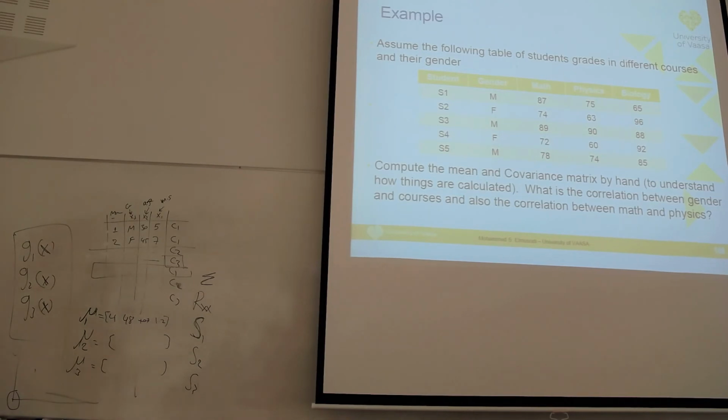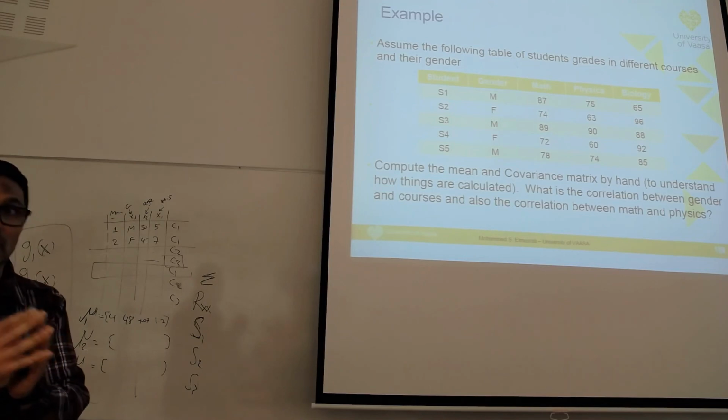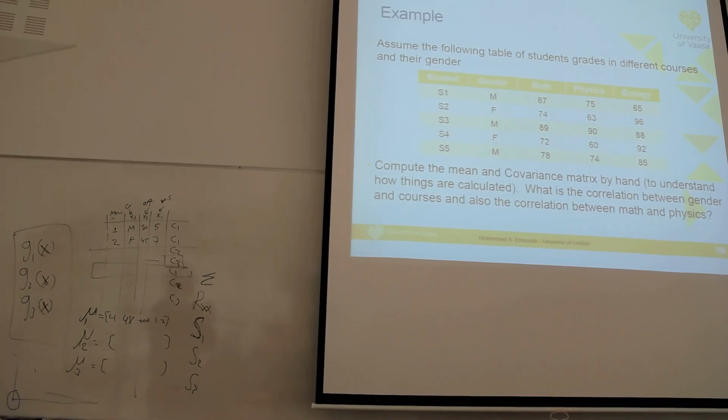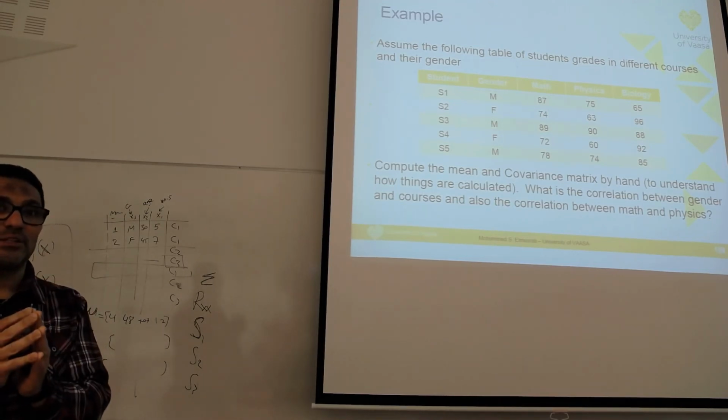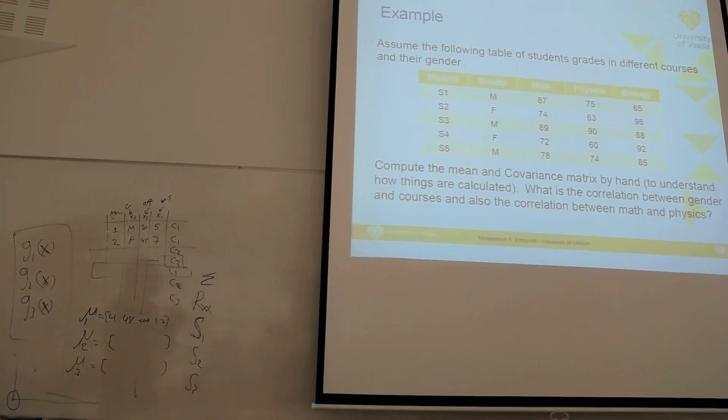Okay. Now our machine should be able to tell us, when we put in a new entry, that one student got that score in math, that score in physics, that score in biology, whether he is male or female. So it should be able to answer based on the historical data that you have. How much is its answer correct?